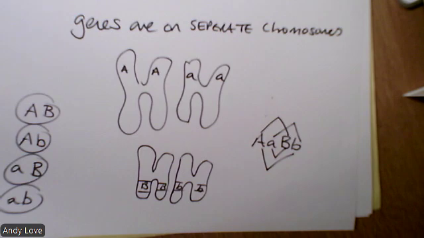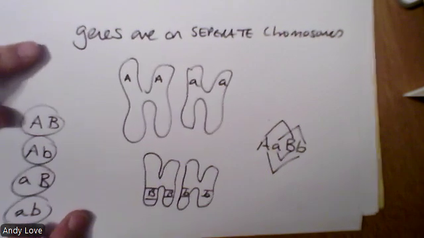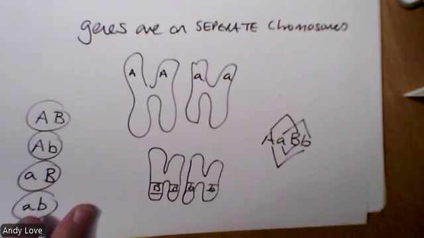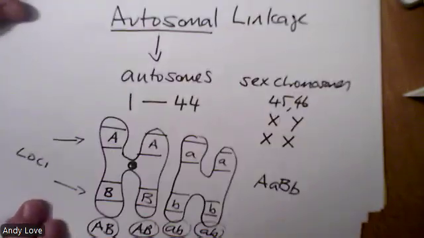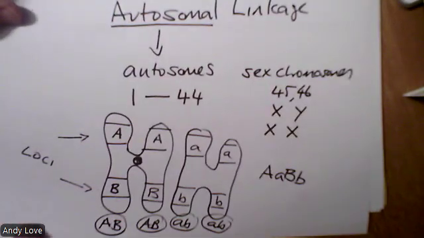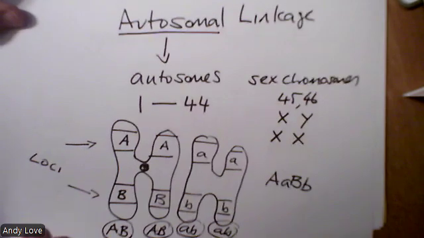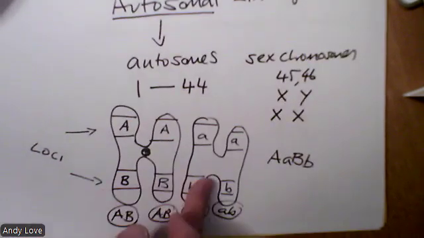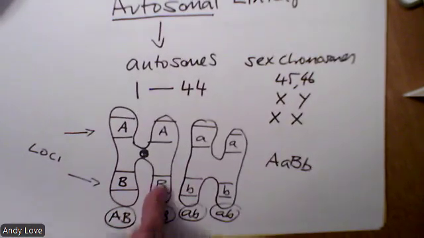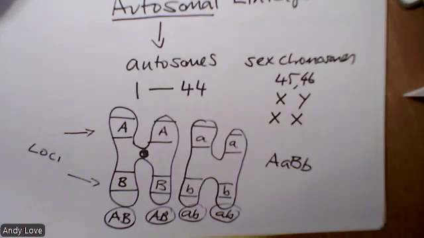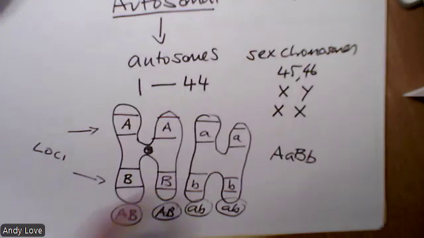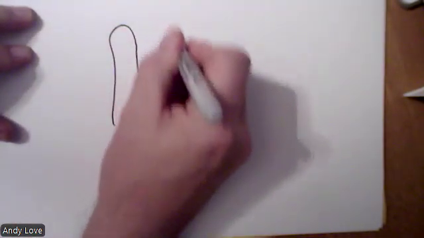Now, our topic isn't them being on separate chromosomes, but it's actually being on the same chromosome. So we're calling it linkage, autosomal linkage. Now, can you see these homologous chromosomes are lined up very close together? So what might happen is you might get crossing over. Now, if crossing over occurs, let's just draw crossing over.